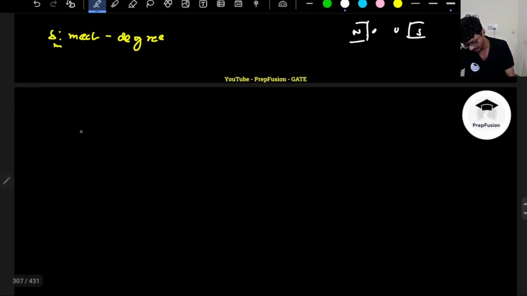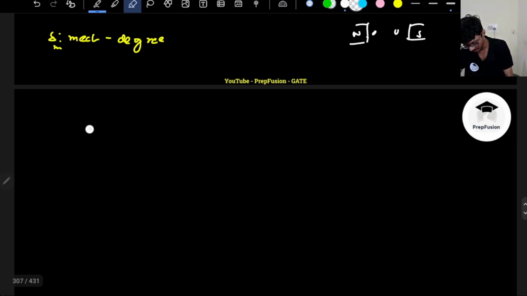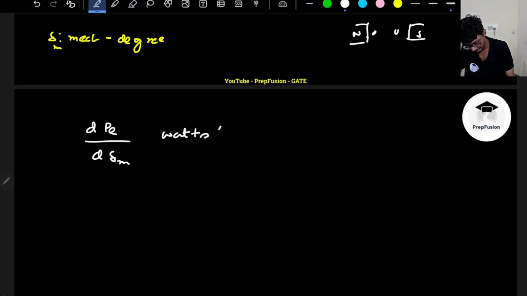My delta PE, I am just doing conversion. I am just doing unit conversion. So my delta PE by delta m in mechanical, this is watts per mechanical degree.